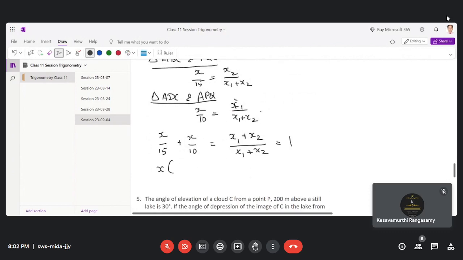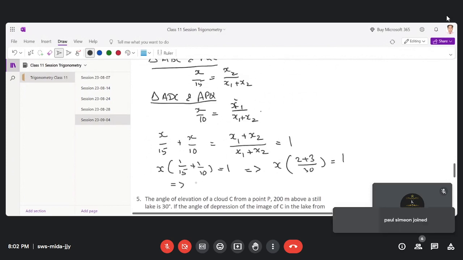So what is 1 by 15 plus 1 by 10? 2 plus 3 by 30. So this is 5 by 30, 1 by 6. So you get 6 meters.